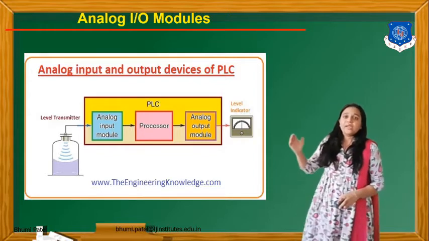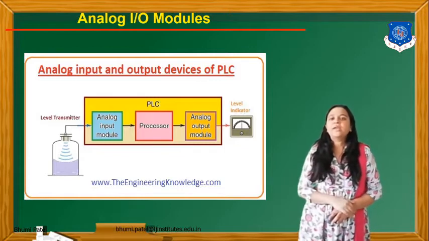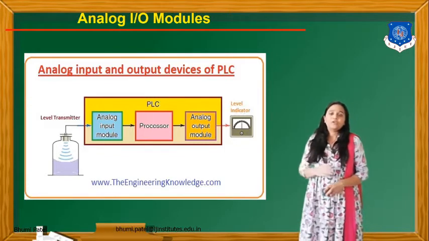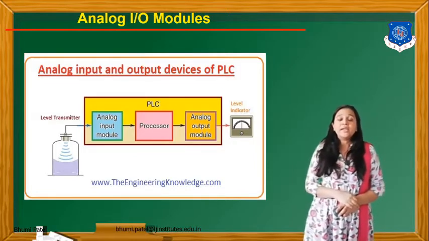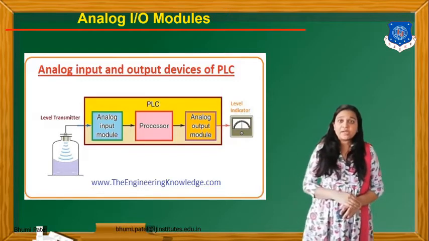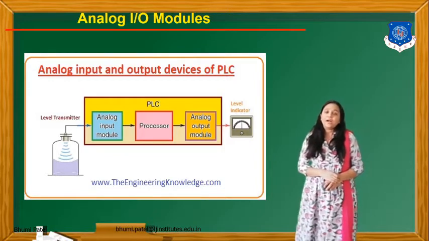So between the analog input module and the analog output module, we connect the PLC and convert the analog data to digital form. In the PLC we can do some programming depending upon the system, and whatever output is given, we connect to the analog output module.